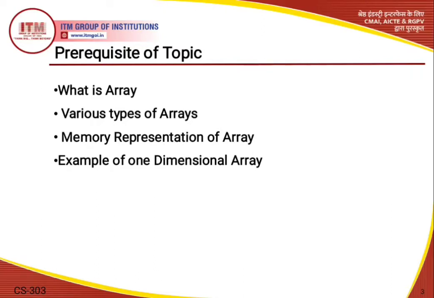An array is generally stored such that the position of each element can be computed from its index tuple, and in data structures it is generally used as a linear array, which is also known as a one-dimensional array. For better understanding of arrays and the representation and working of one-dimensional arrays, just watch my previous video.